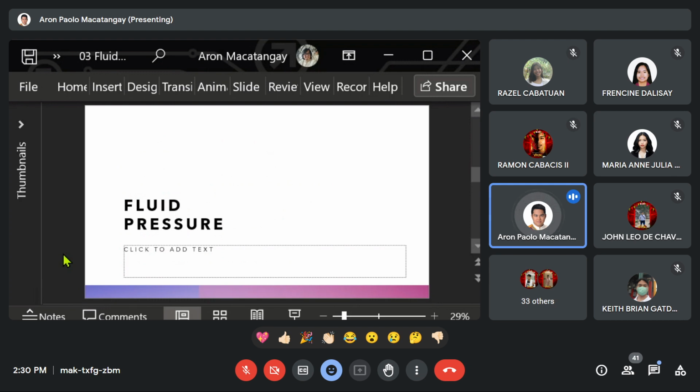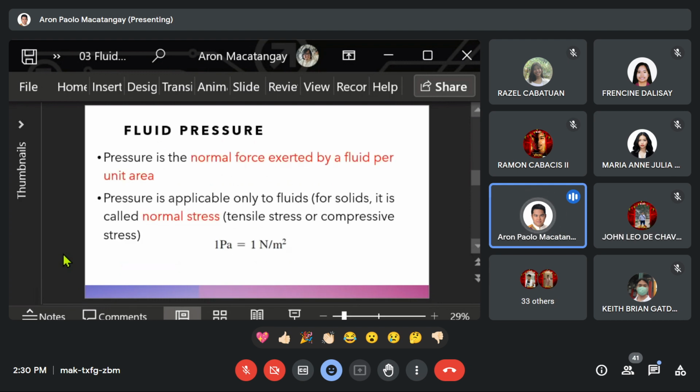So this is the part related to fluid mechanics. Fluid pressure is basically pressure. And pressure, by definition, is the normal force exerted by a fluid per unit area.